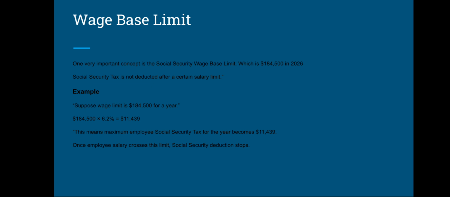But as per the wage limit of 184,500, out of that 240,000 wages, you will pay the Social Security tax on 184,500 only. So the 6.2% will be deducted on behalf of the employee, and the same percentage will be deducted on behalf of the employer.